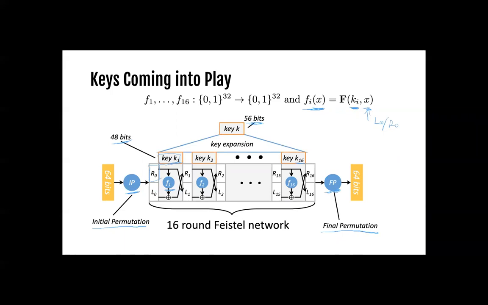It has no crypto or security properties, and it's not really necessary, but originally, because of hardware efficiency, they have this IP and FP, the initial permutation and the final permutation, which are always inverses of each other. We wouldn't have it now, but because the DES standard has been made, we just keep it as it is.